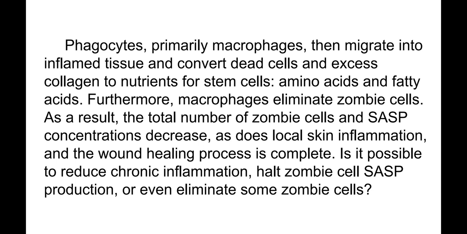Furthermore, macrophages eliminate zombie cells. As a result, the total number of zombie cells and the concentration of senescence-associated secretory phenotype molecules decrease, as does local skin inflammation, and the wound healing process is complete.